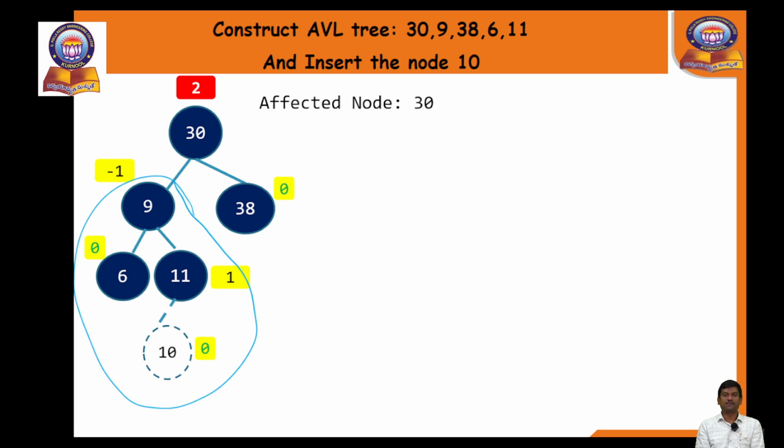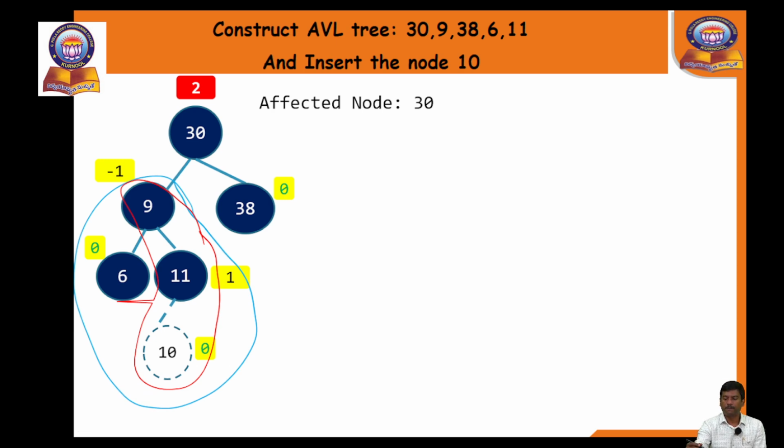First thing is check whether left is heavy, and out of which whether the right is heavy. What does this mean? So here you can observe left is heavy. So if you observe this part of the tree, left is heavy, and out of which the right subtree is heavy.